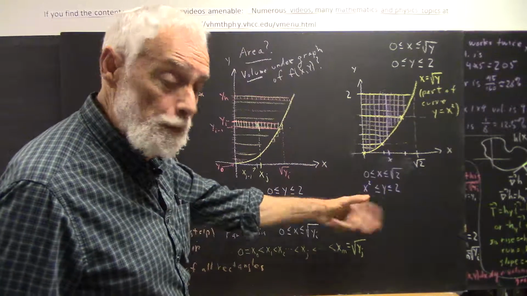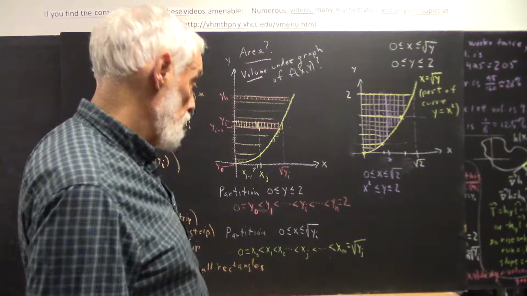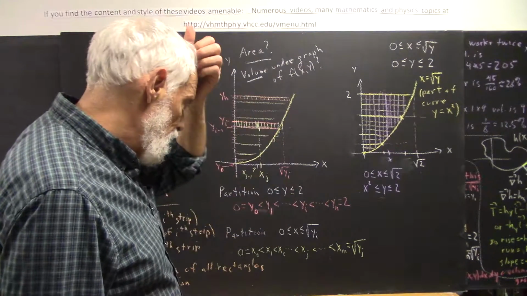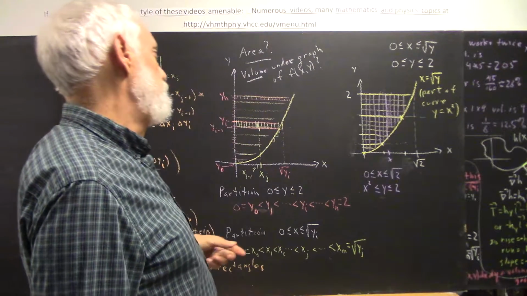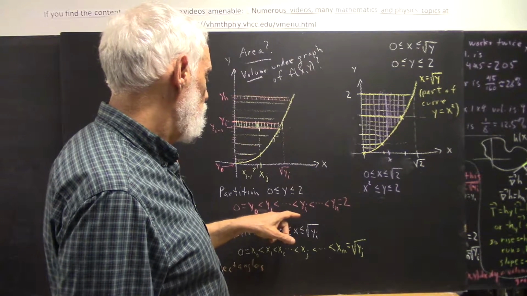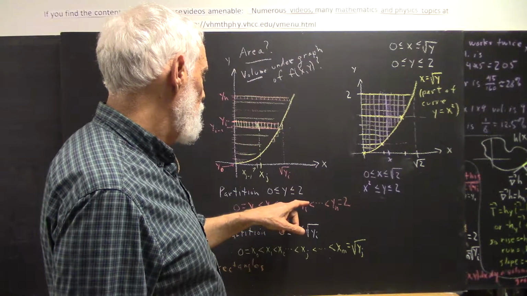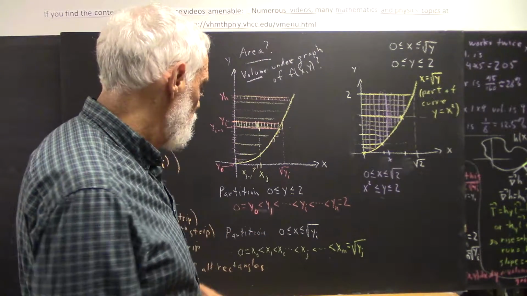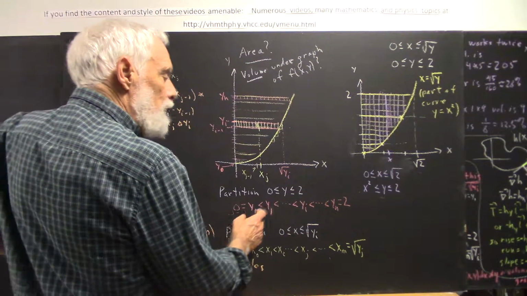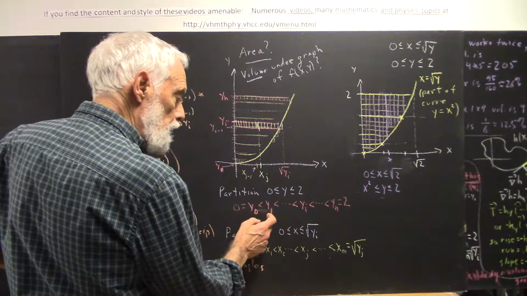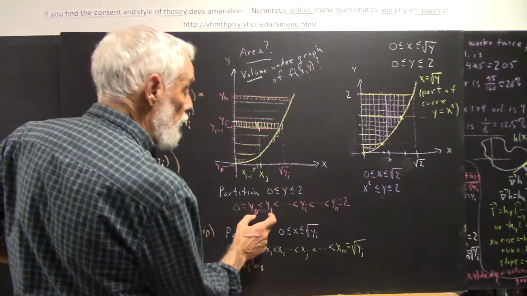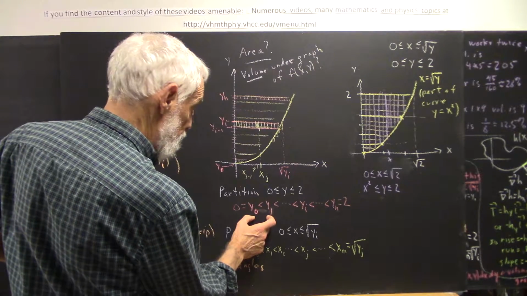This should be familiar to you from your first year calculus. Where y sub i is going to stand for the endpoint of the ith interval of the partition. The first interval of the partition goes from y0 to y1. So y1 is the endpoint of the first partition.